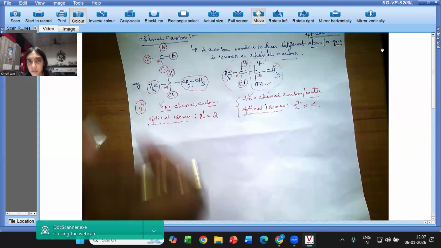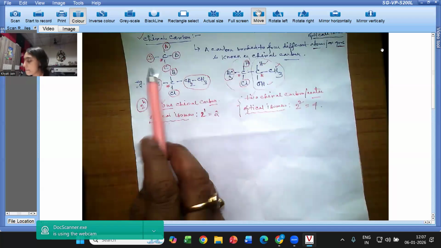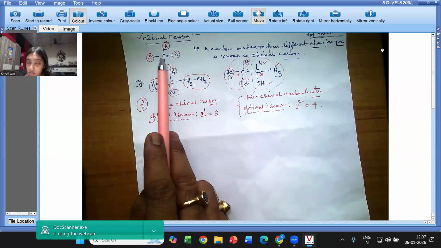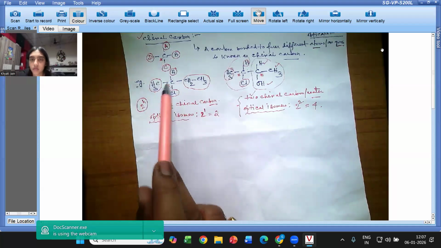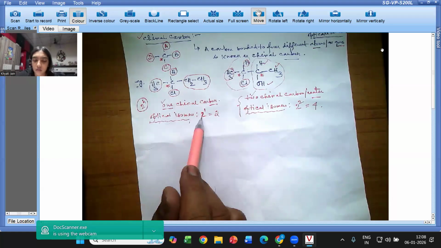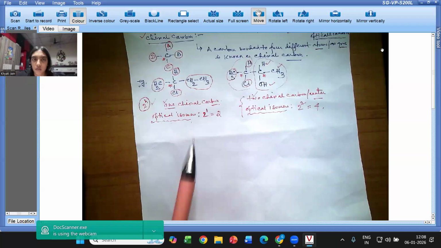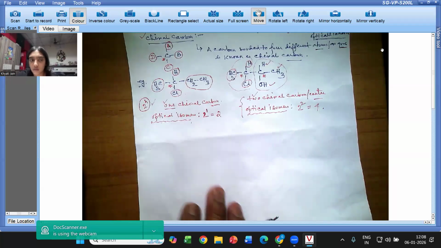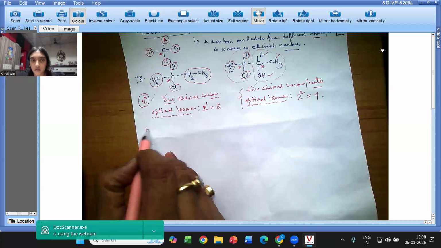Then I've discussed the chiral carbon. What is a chiral carbon? Four different groups or atoms attached. This is called a chiral carbon atom. If you know the chiral centers, then you can determine optical isomers by the 2 to the power n formula.